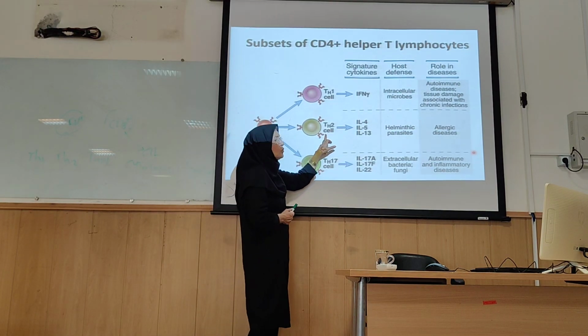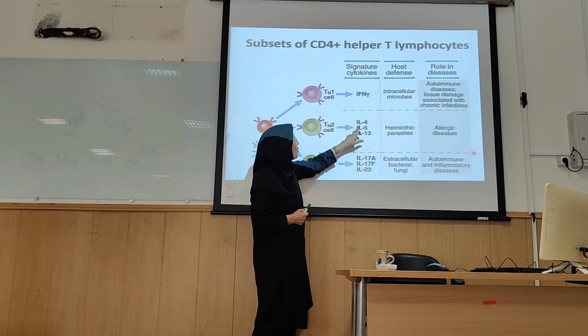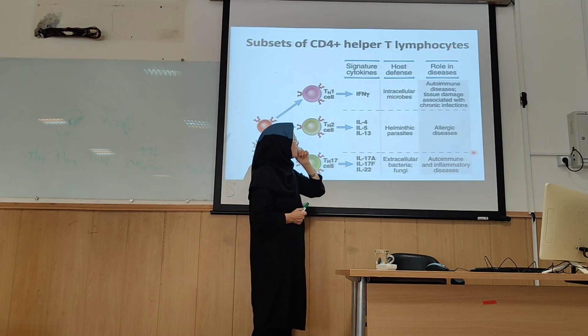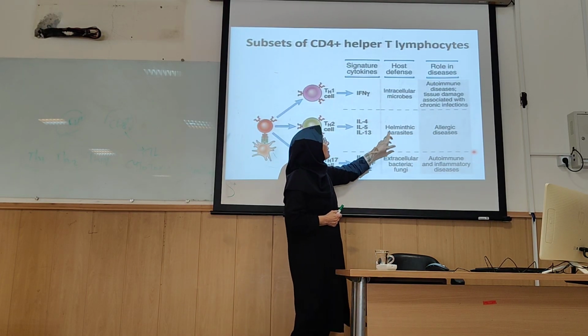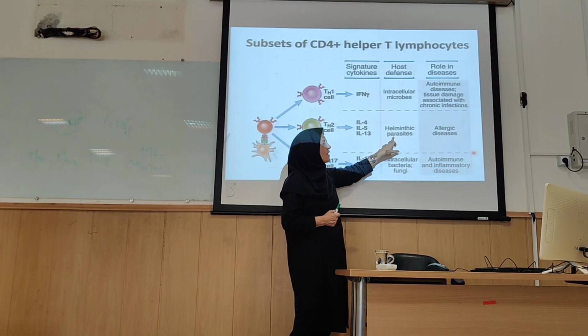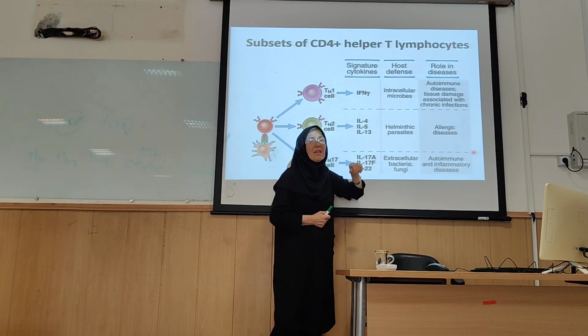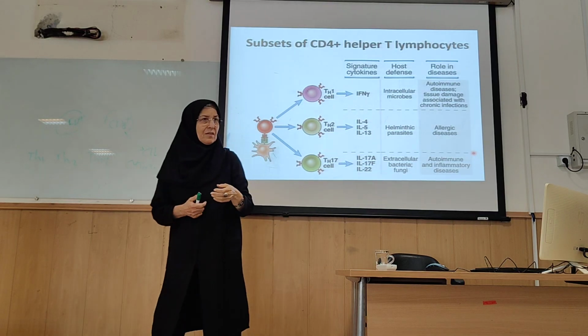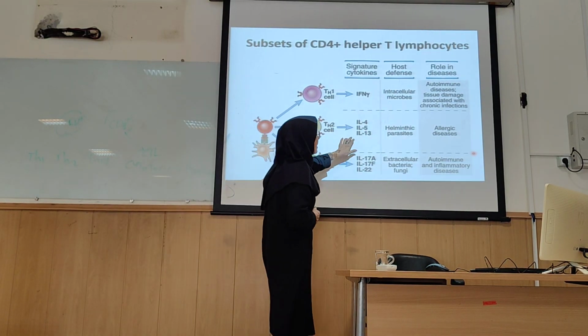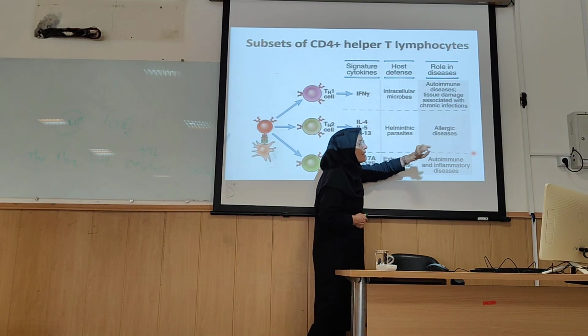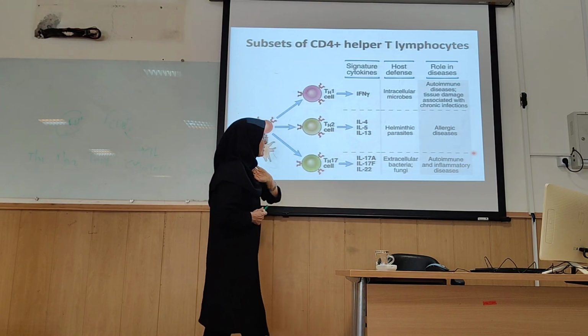T helper 2 produces IL-4, IL-5, and IL-13, and responds against helminth parasites and allergens. Its role is in allergic diseases.